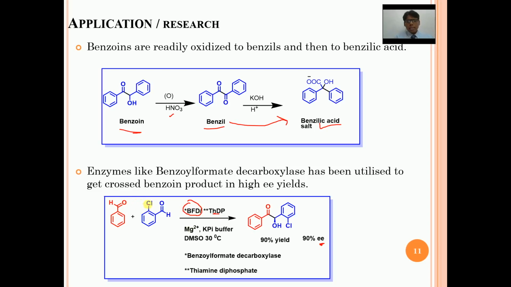In this case, one can see the electron releasing group like Cl deactivates this unit for the attack by the nucleophile. So it is this which is being attacked by thiamine diphosphate first, and then this unit attacks here. So we'll get this product.